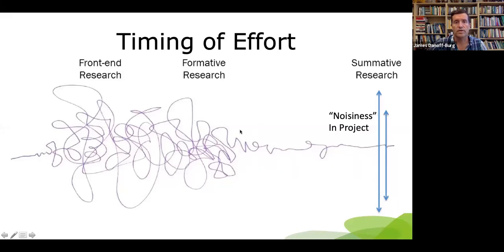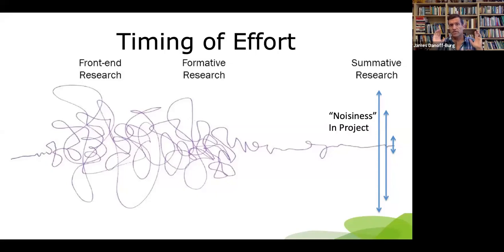It's decreased quite a bit until eventually towards the end, once we get to the summative phase down here at the end part of the project, the noisiness in the project, people tend to feel very clearly and strongly. Either those cheetah dogs made a huge impact, everybody agrees. Those cheetah dogs had no impact whatsoever, everybody agrees.